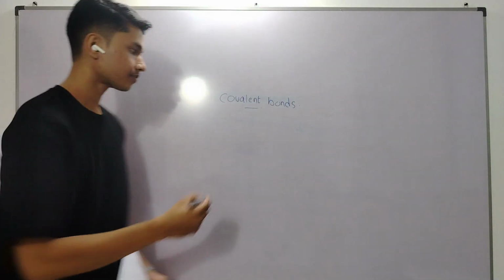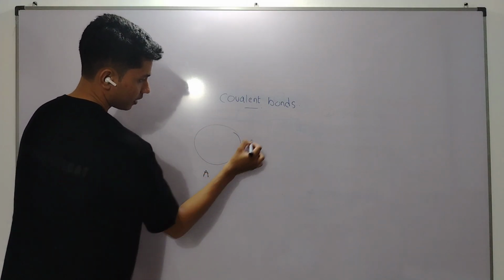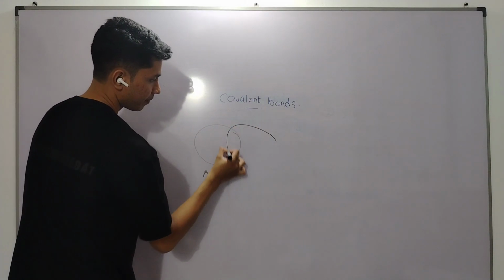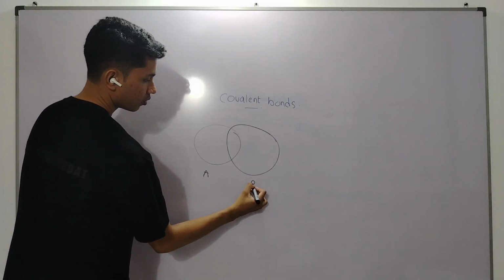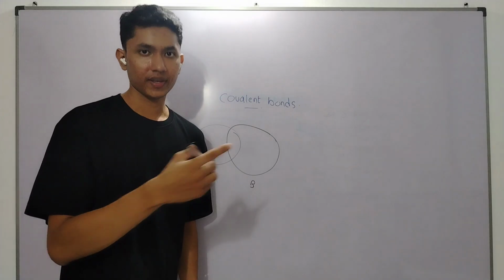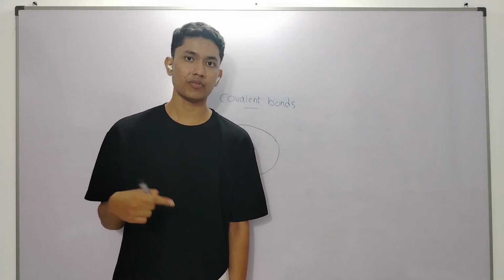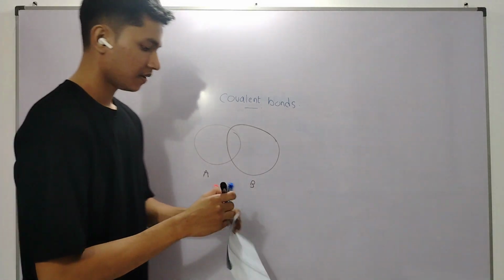The valence electron cloud of atom A has to overlap with the valence electron cloud of atom B. Valence orbital means the outermost energy level of an atom.